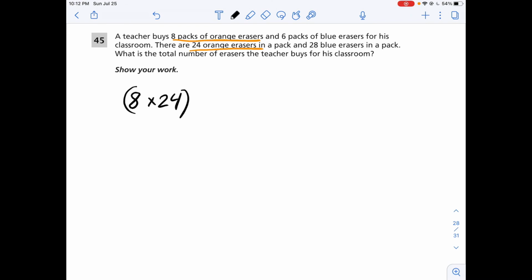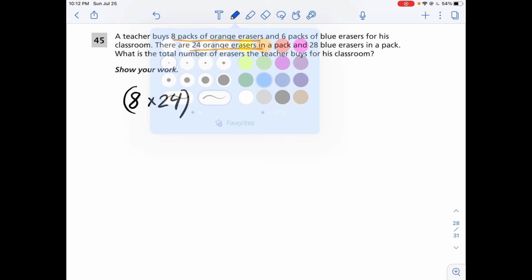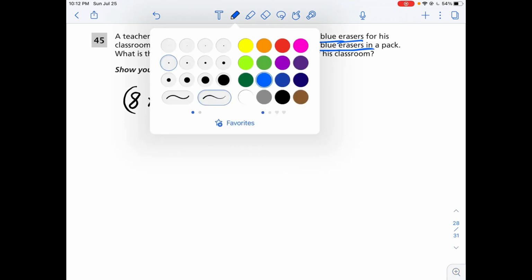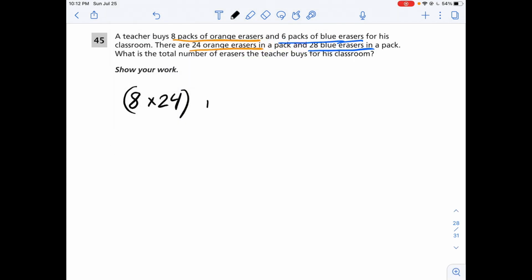Okay, and he also buys blue erasers. He buys 6 packs of blue erasers, and in each of those packs there are 28 blue erasers. So we have to add the 6 packs of blue erasers times the 28 erasers in each of the blue packs to get the total.